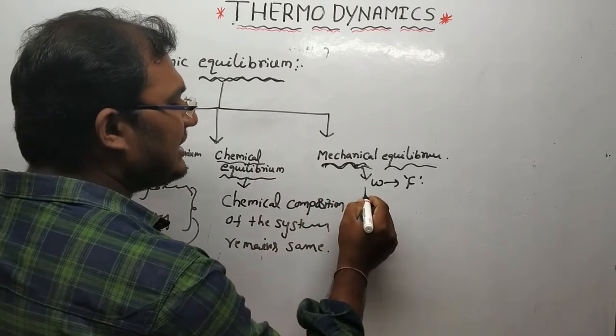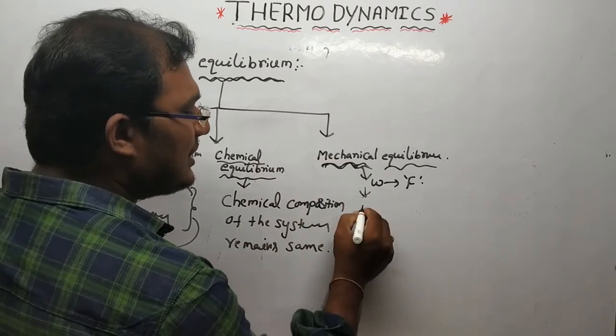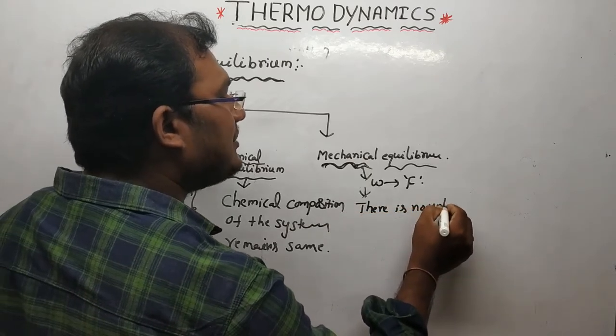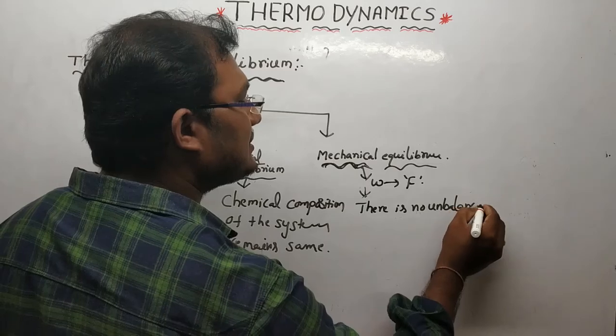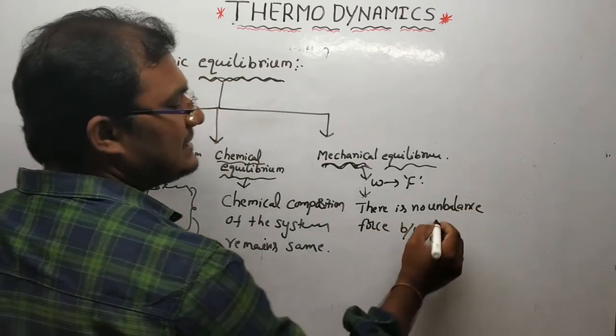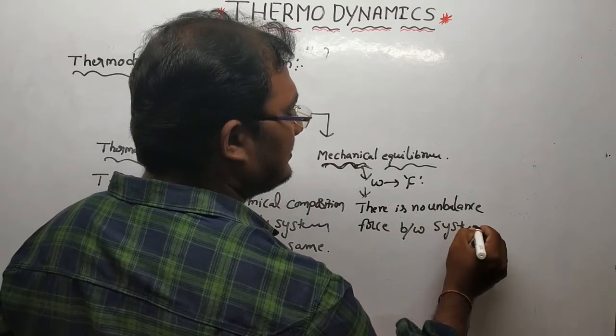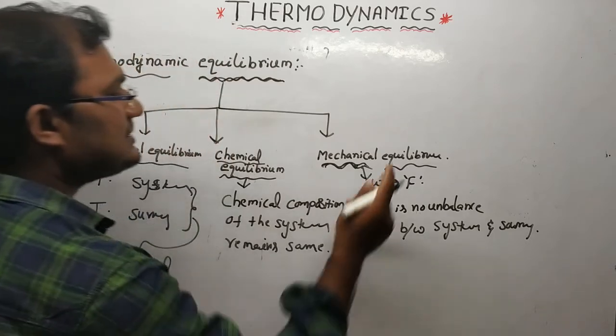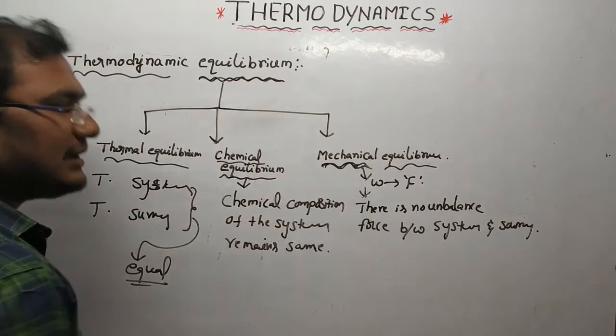In mechanical equilibrium, there is no unbalanced force between system and surroundings, then such an equilibrium is called mechanical equilibrium.